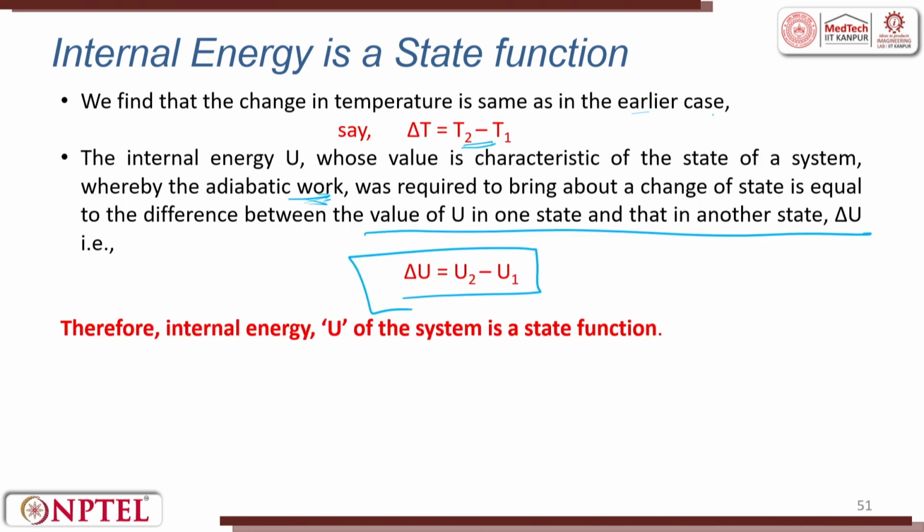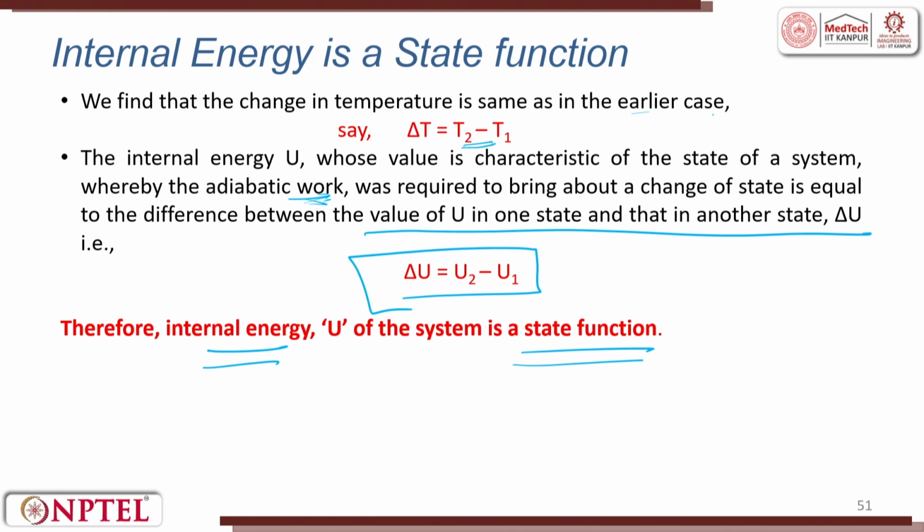So, the internal energy U, whose value is characteristic of the state of a system, thereby the adiabatic work required to bring about a change of state is equal to the difference between U in one state and in another state. So, delta U is given by U2 minus U1. Therefore, internal energy U of a system is a state function.